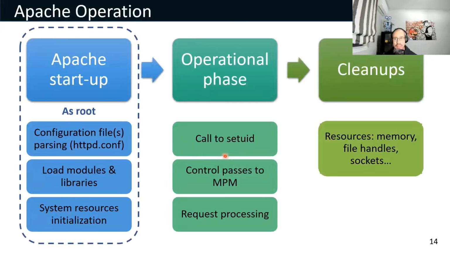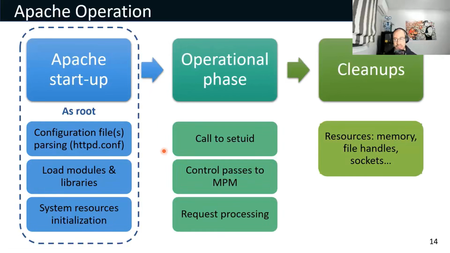And this is the Apache operation diagram. It has three different phases. The first one is the Apache startup. This first stage includes the parsing of the configuration files, the loading of libraries, and the initialization of system resources. The second one is the operation phase.